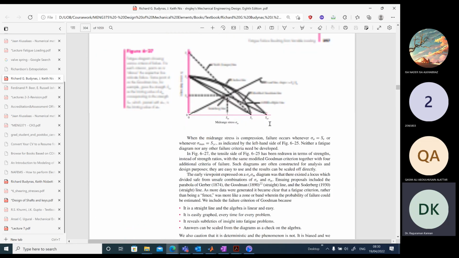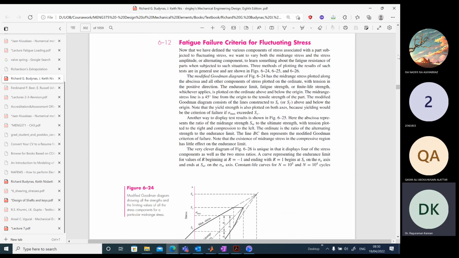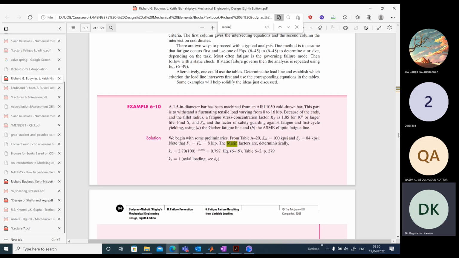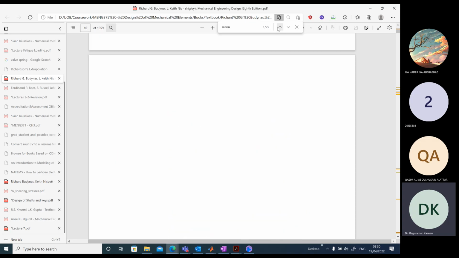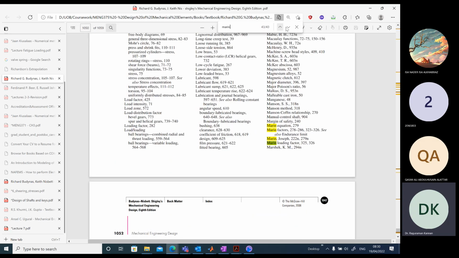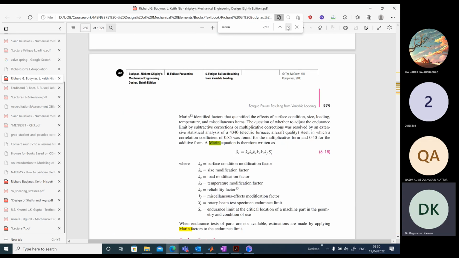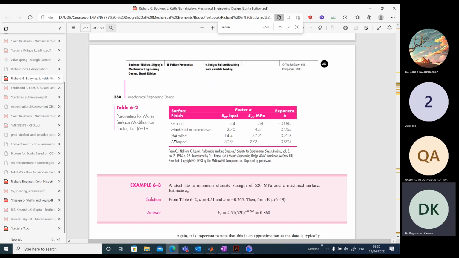Let's first figure out where the formulas for the Marin factors are given. Okay, so we have it here. Let's go to the table.